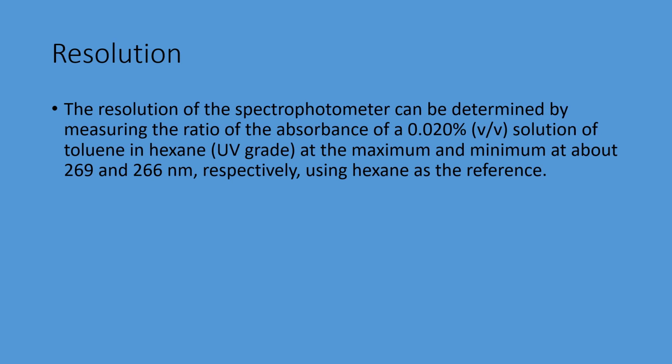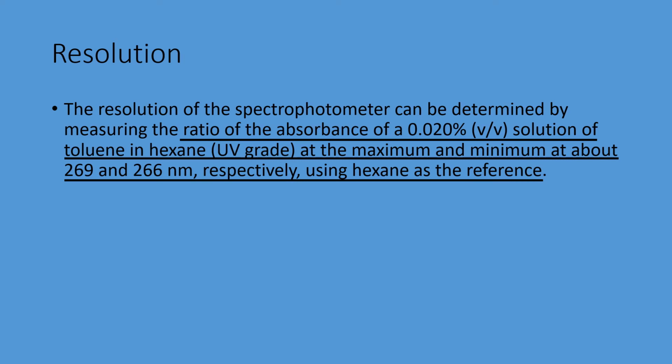Let us see another important parameter, resolution. The resolution of the spectrophotometer can be determined by measuring the ratio of the absorbance of a 0.02% volume by volume solution of toluene in hexane UV grade at the maximum and minimum at about 269 and 266 nanometers respectively, using hexane as the reference.